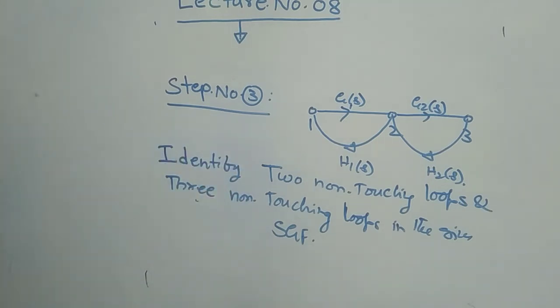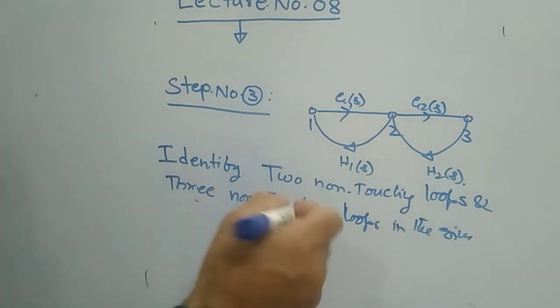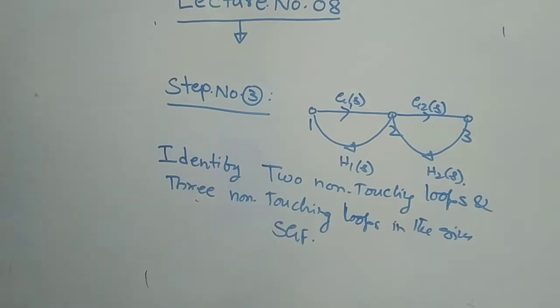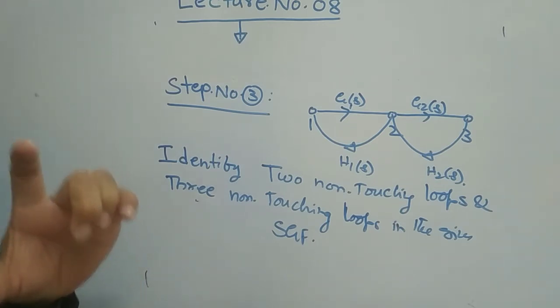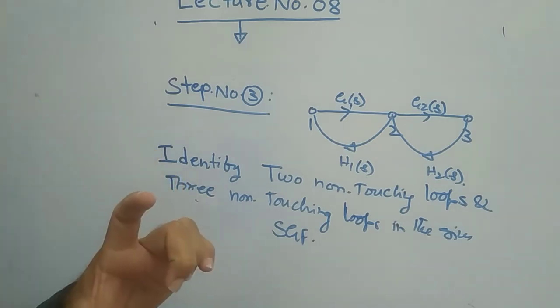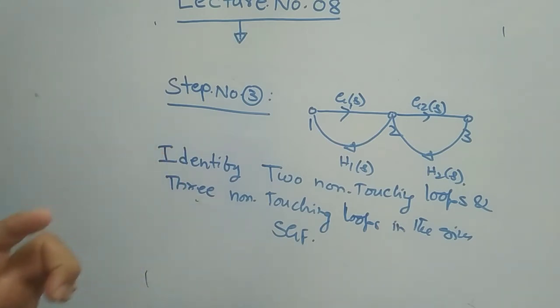Right now, just remember this much: two non-touching loops. You should always remember non-touching. Two non-touching means there must be two loops which do not touch each other, meaning they must be separated. Similarly, three non-touching means there must be three separate individual loops and they should not touch each other.